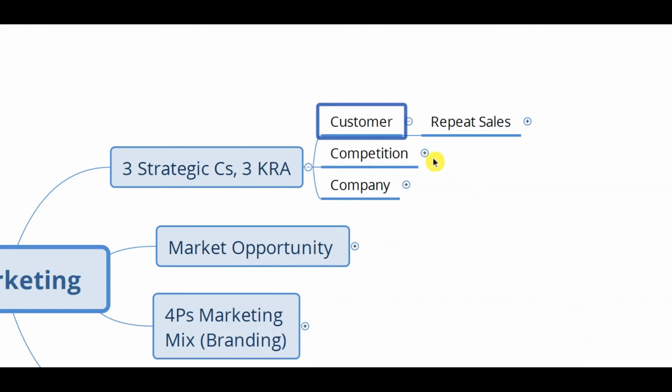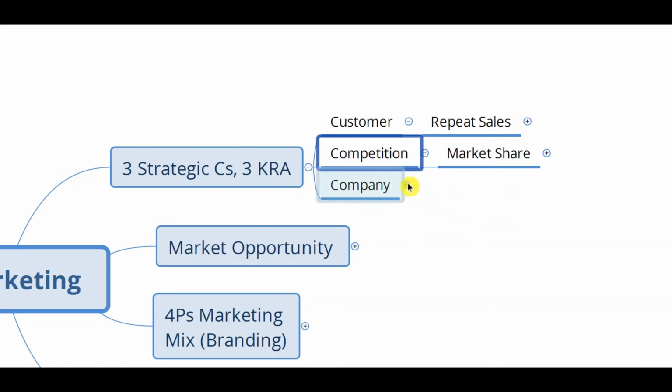For competition, you know you're doing it right if you get the key result area, which is market share. And for company, you know you're doing it right if you get profits. So these are the three key result areas corresponding to the three strategic C's of customer, competition, and company.